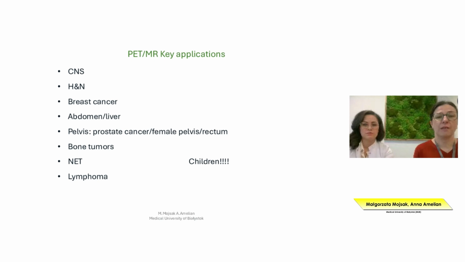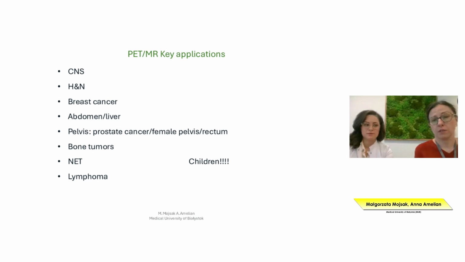When we take into account the PET-MR key applications, we can speak mainly about the applications that are decided by a group of experts to be applied, that assessed a large population of patients, and they proved that PET-MR application should be used rather than PET-CT for CNS, head and neck tumors, breast cancer, abdomen, especially for liver lesions, and also for pelvis, and here especially prostate cancer, female pelvis and rectum.